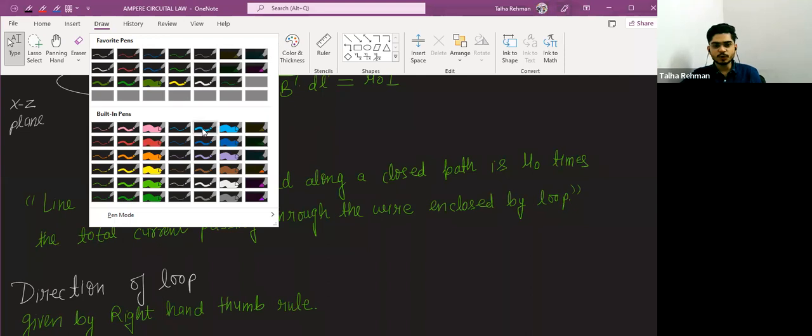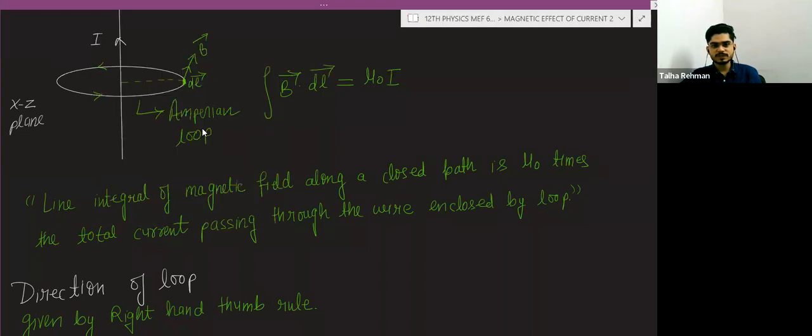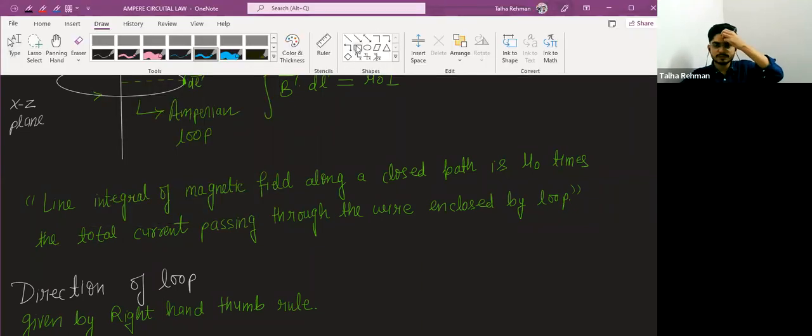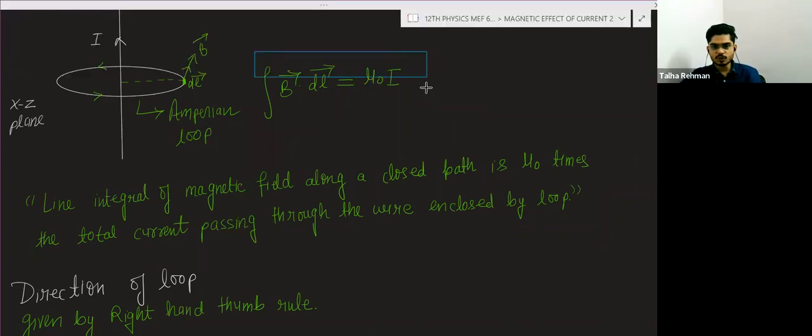Actually, this is beyond your syllabus. Means the small part of it is in your syllabus, but after 12th class, this is the part. So here is only the introduction of this. You have the simple integration in 12th class.